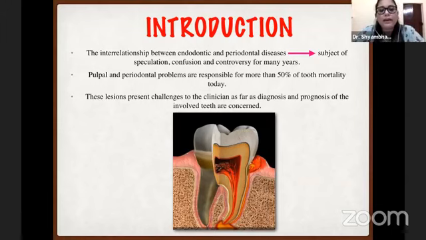Now, pulpal and periodontal problems are responsible for more than 50% of tooth mortality today, and these lesions present challenges to the clinician as far as diagnosis and prognosis of the teeth involved are concerned. So not only is it difficult to diagnose an endoperio lesion, it is even more difficult to understand how a tooth would react after a treatment has been done. So the prognosis also becomes questionable in most of the cases.